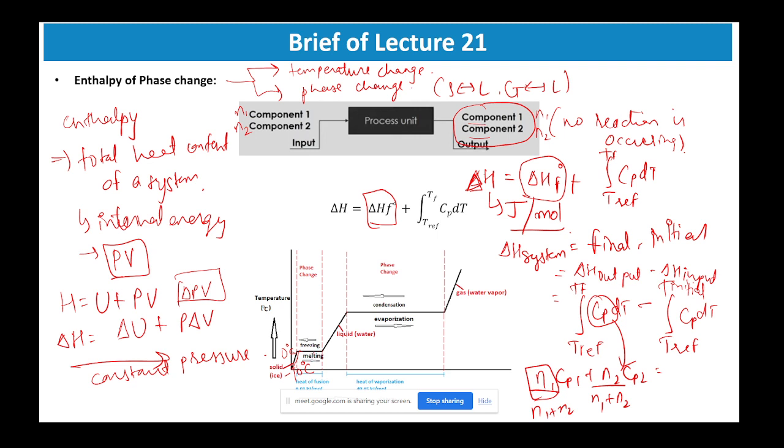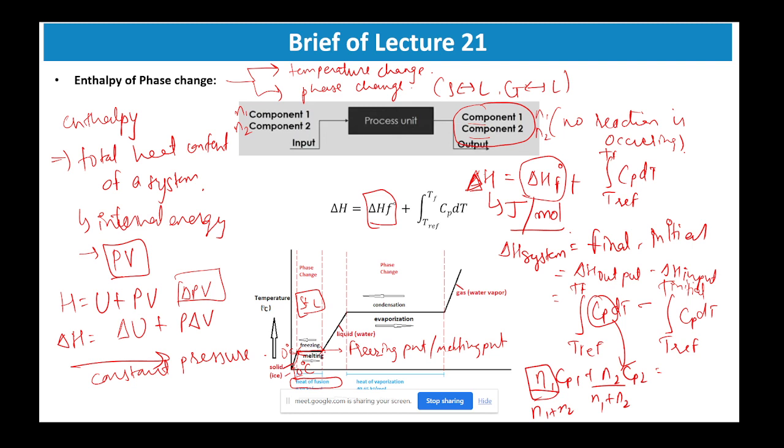Now once it comes to 0 degrees, which is the freezing point or melting point, there is some heat of fusion which will be absorbed during the melting of ice to liquid water. During this transformation, this much enthalpy or heat will be absorbed, but the temperature will remain constant, and it will have both solid and liquid phases.